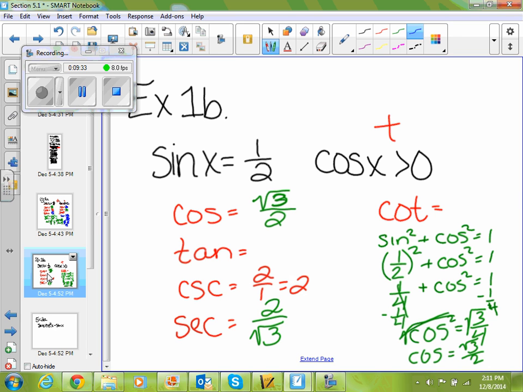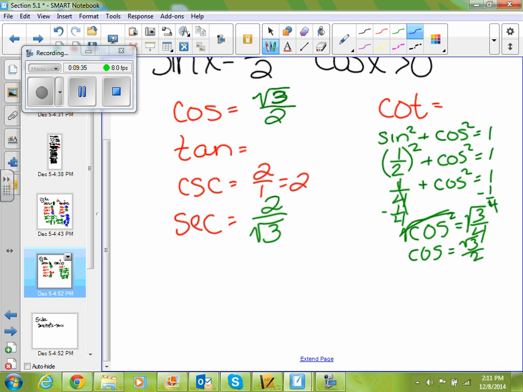Last one we're going to find is tangent, and tangent is the same thing as sine over cosine. My sine in this case was 1/2. My cosine in this case was square root of 3 over 2.